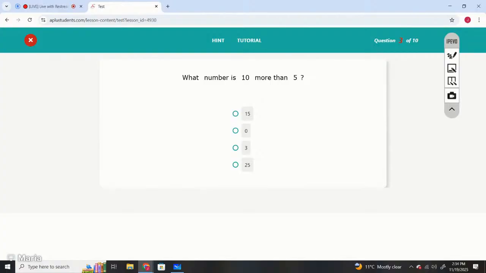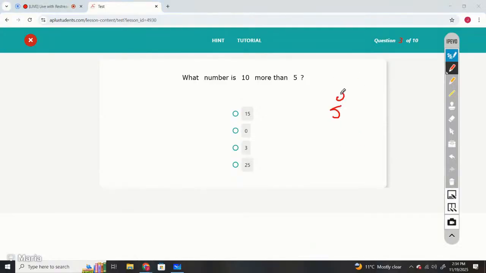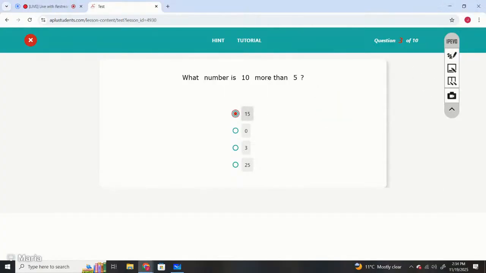So in 5 the tens digit is 0. 5 is the digit at the ones position. We do not have any tens, that is 0. So 0 plus 1 is 1. So that is 15. The correct option is, very good, 15 it is. Option number 1 is the correct option.